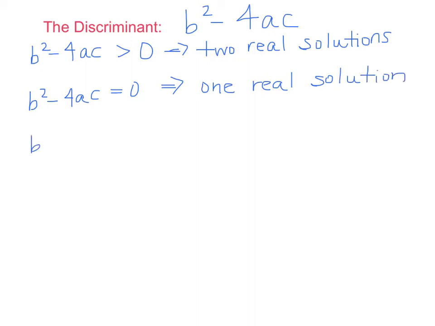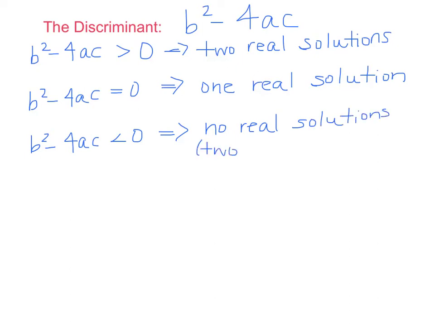And if it's smaller than 0, meaning it's a negative number, you're going to have no real solutions, which means that it'll make it 2 imaginary. So that's what the discriminant tells you.